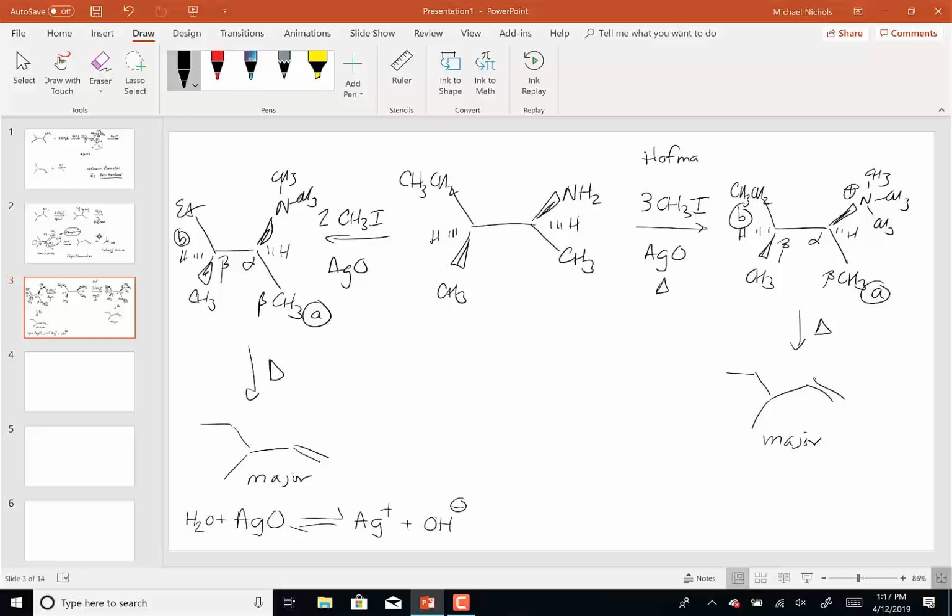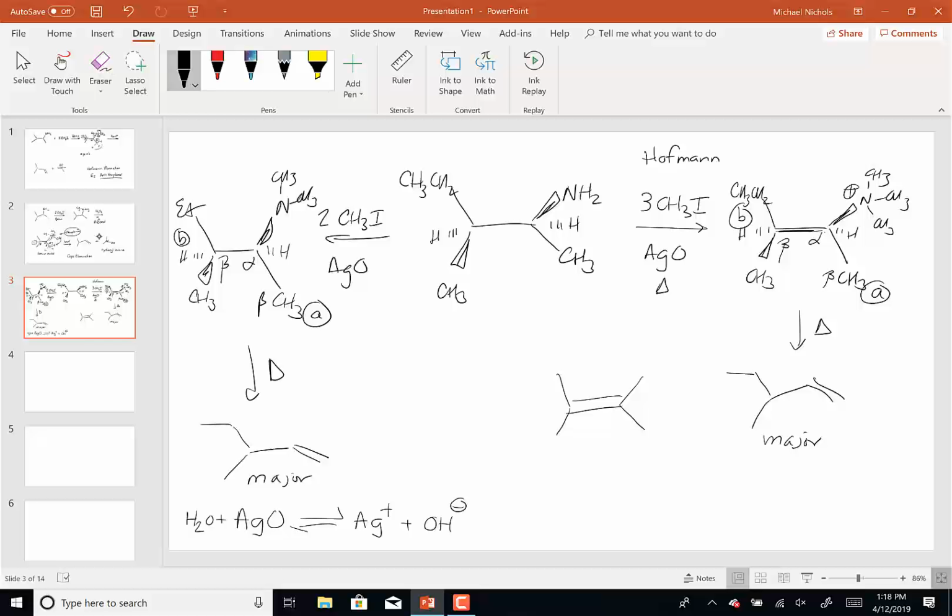So for Hofmann elimination, what is the second major product going to look like? Well, I can tell you it'll have a double bond, and it'll have 4 groups attached to it. So it'll have the double bond between the alpha and beta carbon there.